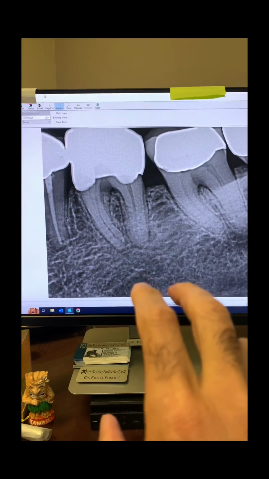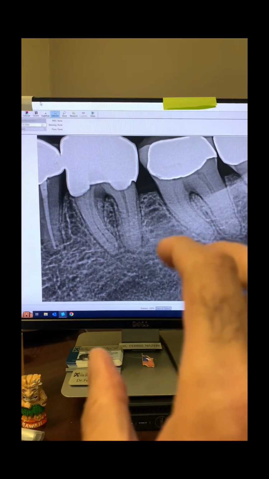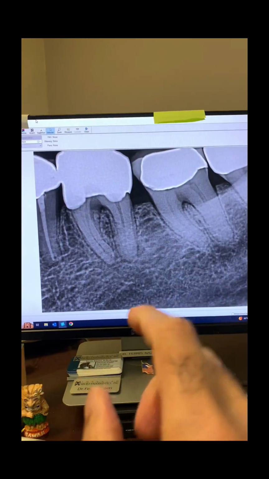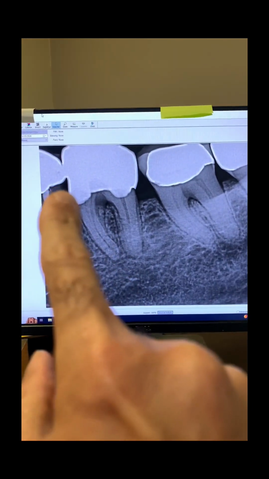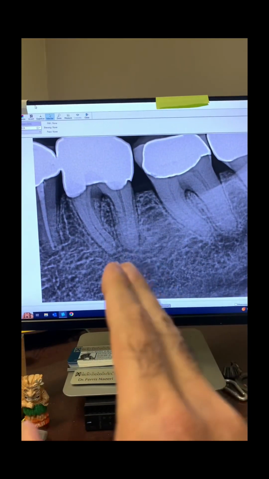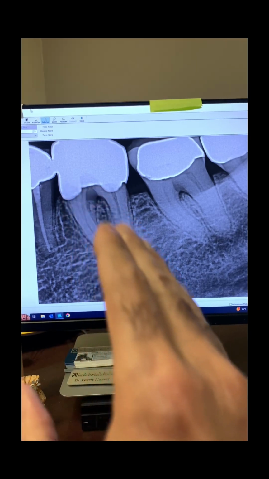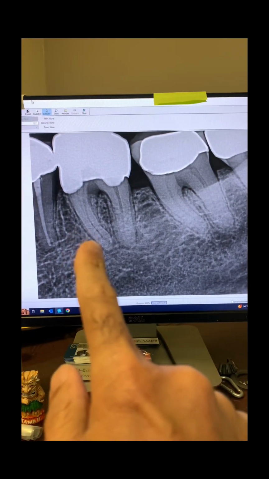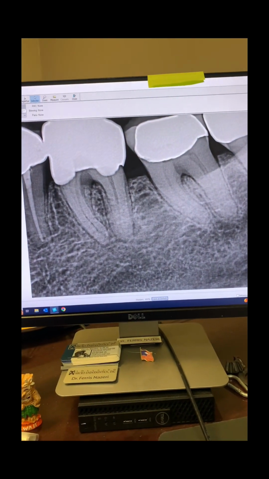When you have a hot tooth, when you have irreversible pulpitis so severely, so extensively, sometimes the inflammation of the pulp leaks to the outside and causes inflammation within the periodontal ligament, giving you the impression of periapical radiolucencies associated with the tooth.